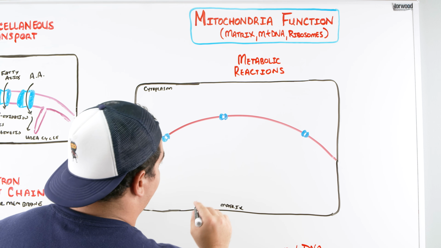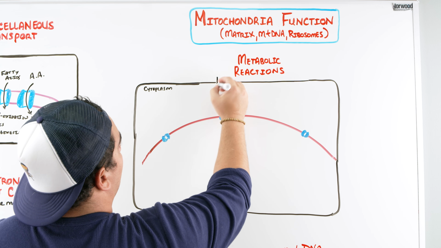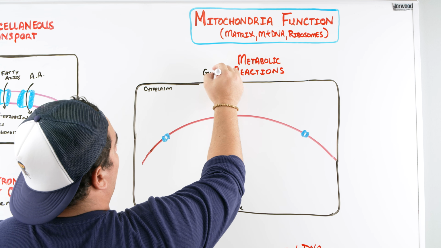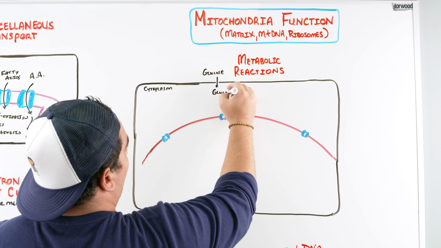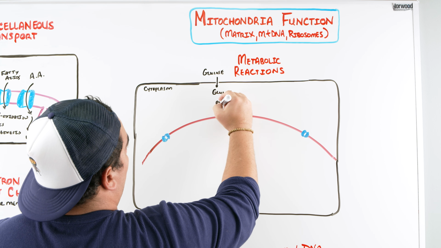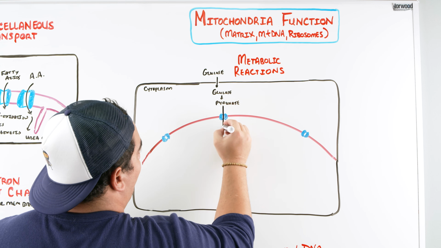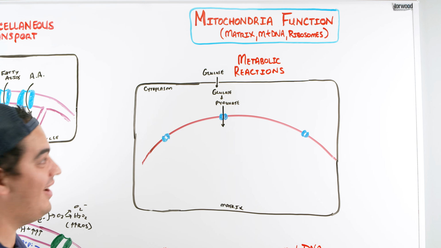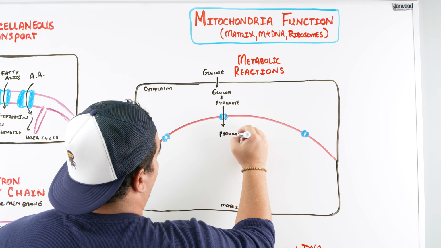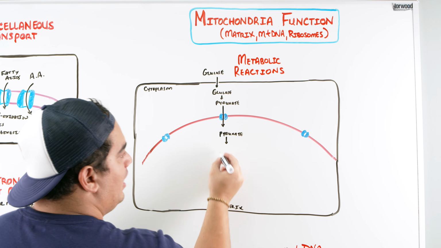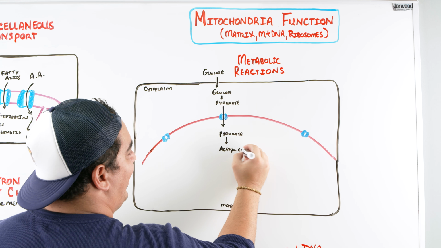So what's cool is, whenever you take something like glucose, let's say that you bring glucose into the cell. What we know is that once glucose gets into the cell, it eventually gets converted into something called pyruvate via glycolysis. And then that pyruvate will get brought into the actual mitochondria. When pyruvate is brought into the mitochondria, it then undergoes a conversion into a specific molecule called acetyl-CoA.